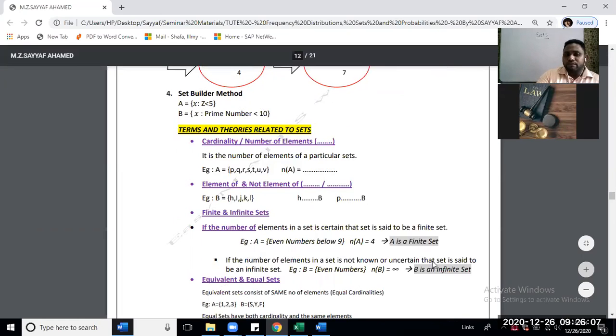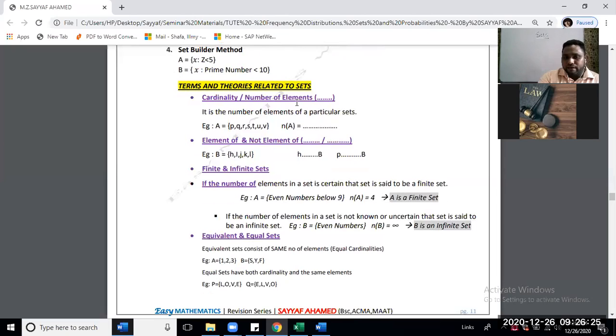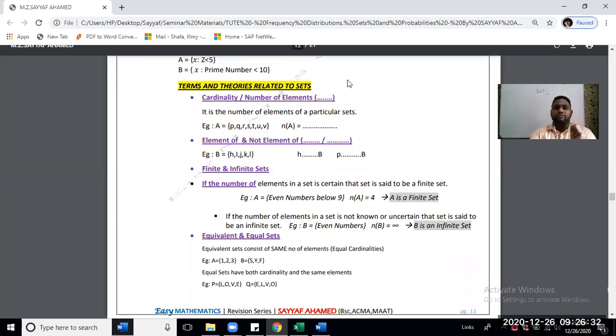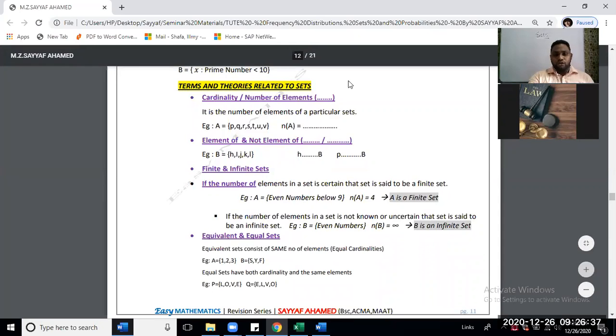And when it comes to the theorems or the terms and theories related to sets, I just want to quickly go through all the set-related theories and terms that you have to be familiar with. Number one, the cardinality, right? I have given spaces for you to write down the symbol of each, because the symbolic form or the Venn diagram are very important when it comes to the symbols.